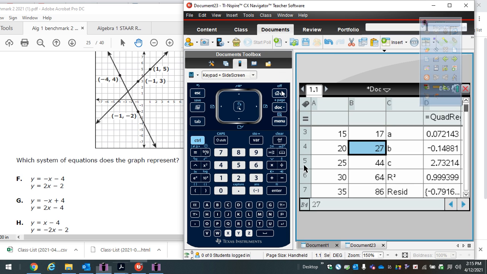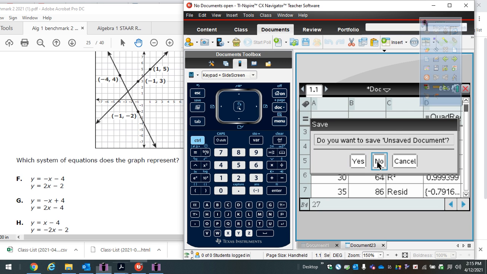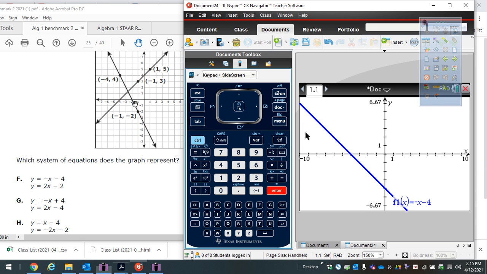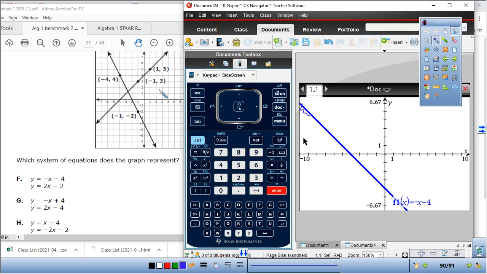So I'm going to turn it on, and I'm actually going to just graph A, B, C. I'm going to graph it as negative x minus 4. Enter. Okay, so let's look at this one. Does it go through negative 4, 4?